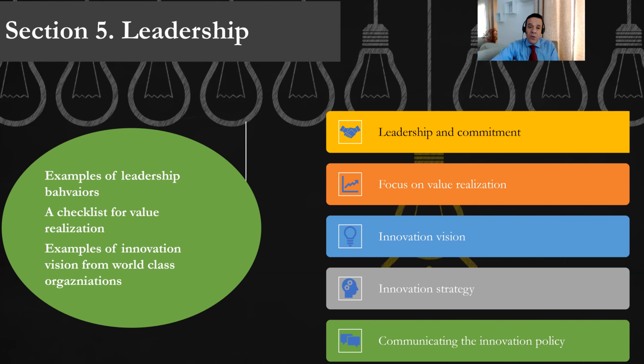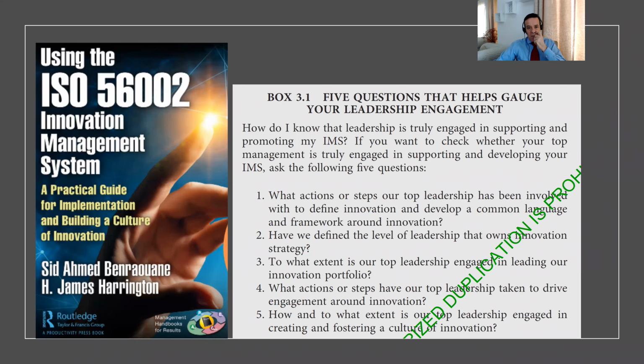And we gave you a full list of it. We also talked about value realization, and more importantly, we talked about the vision and the strategy. Let me give you an example here of a checklist that you can run in your own company from day one to assess whether your leadership has the capability to lead innovation and to motivate innovators.